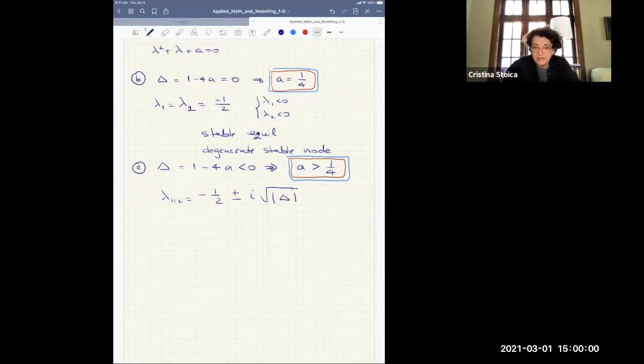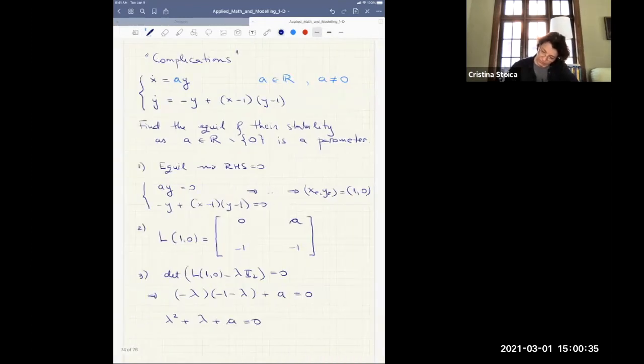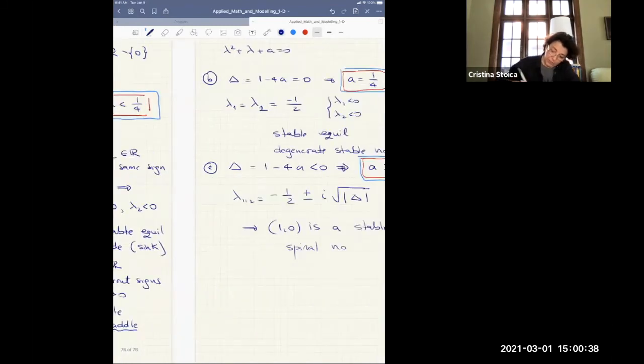The point is that it has the i there. Again, you can look in the book. So in this case, (1, 0) is a stable equilibrium, and it is a spiral. Stable spiral.